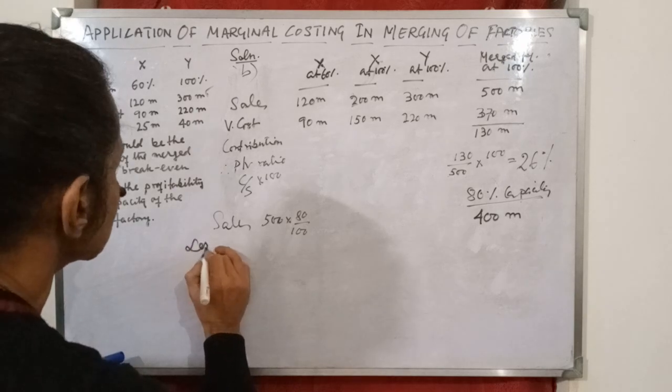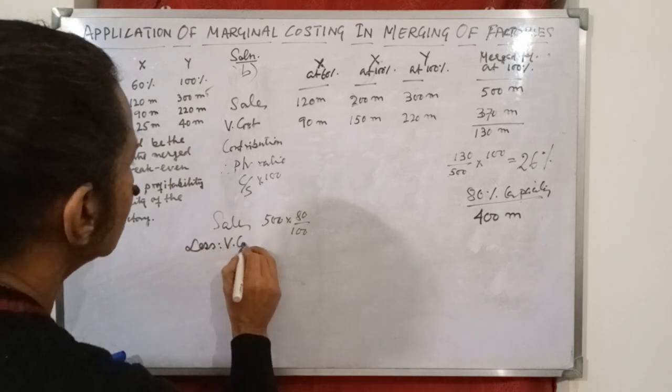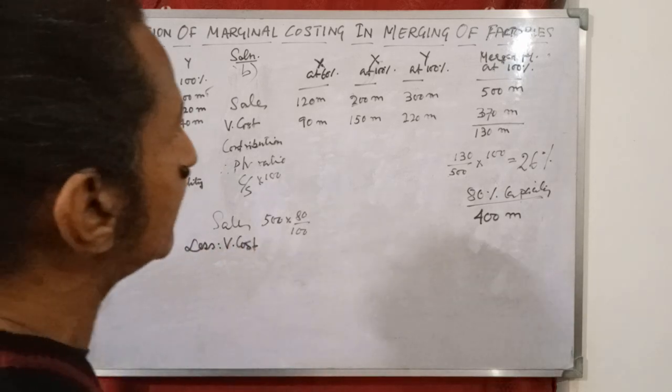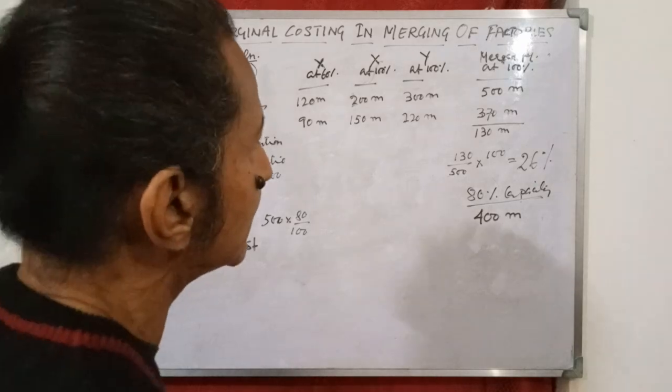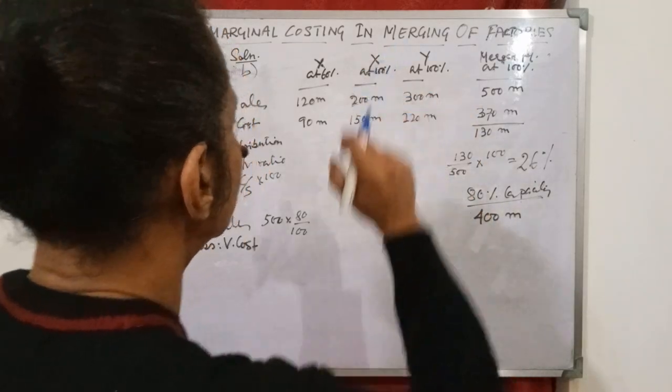Less variable cost. What is the variable cost of the merged plant at 100%? 370 million.